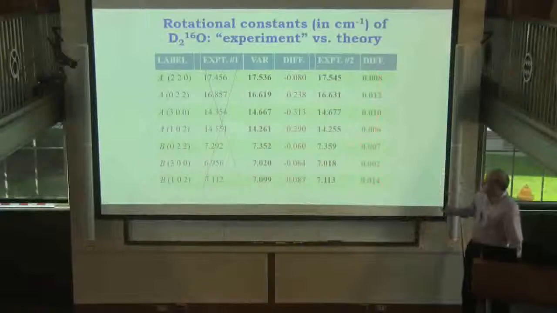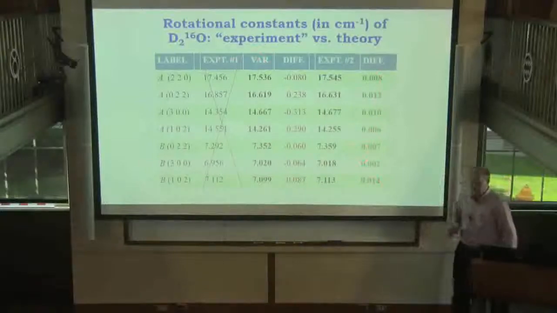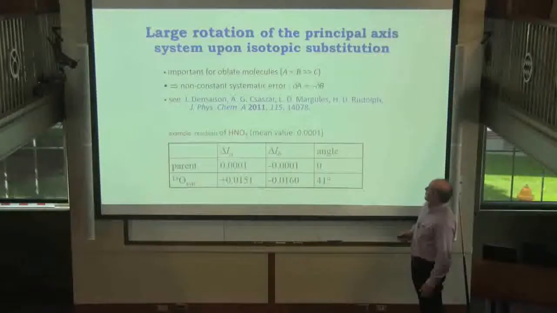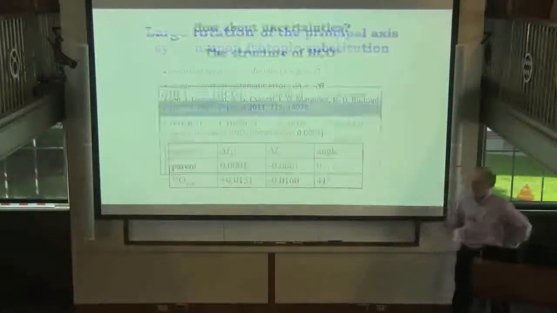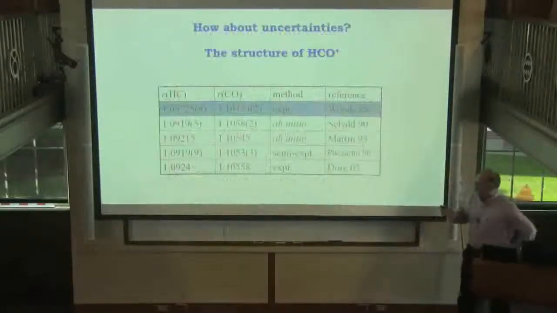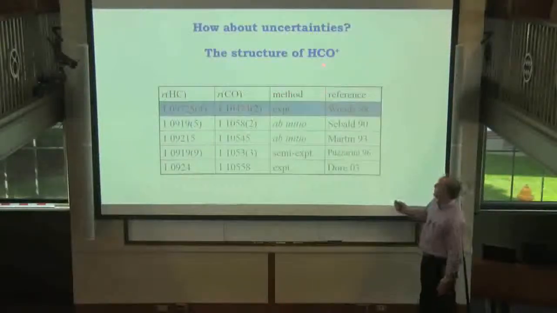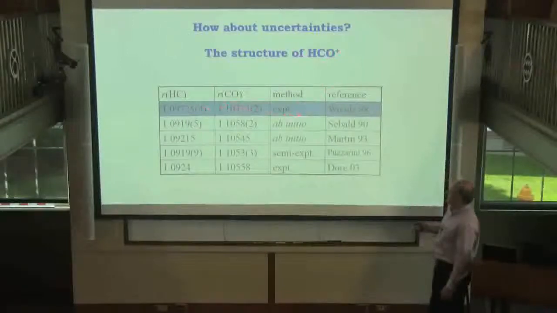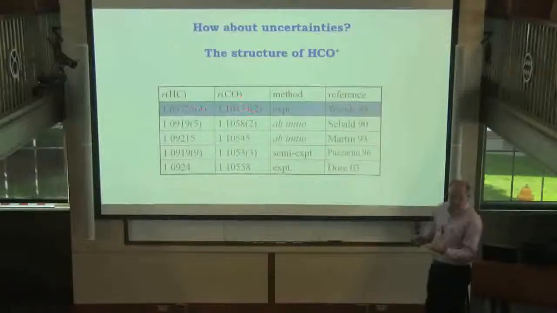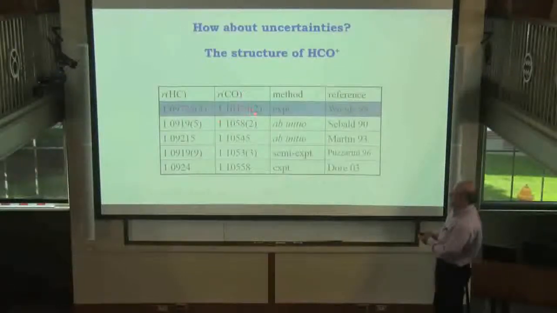And this is the expected agreement between our variational results and the experimental results. Okay, so this rotation, I don't have time to deal with, but I would like to show another slide where I show that even for the simple linear molecule HCO+, there have been in the literature, from 1988, experimental determinations of, say, the CH and the CO bond length, with uncertainties attached, because experimentalists have to attach uncertainties to their quantities, and 6-digit accuracy.